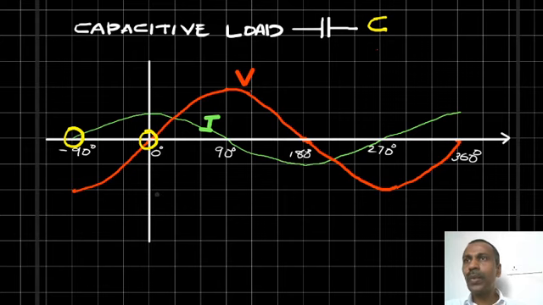So you can say current is going in front of the voltage. So current leads the voltage waveform by 90 degrees because the current starts earlier. So current leads the voltage by 90 degrees, or you can say voltage lags the current waveform by 90 degrees. Voltage is going behind the current waveform, or the current is going in front of the voltage waveform.